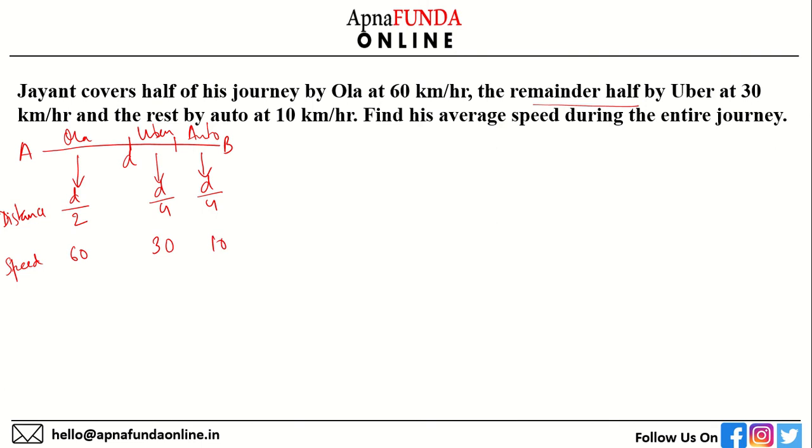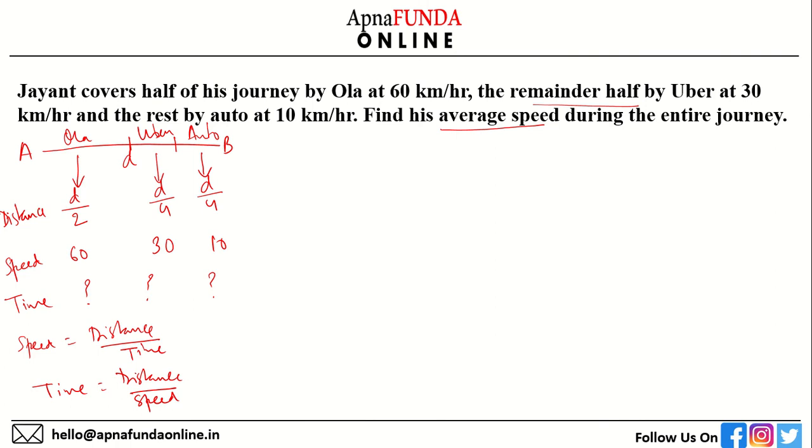Now, to find the average speed, it is very important that we know the time. But currently, we don't know that. So, we know that speed equals distance by time. So can I say that time equals distance by speed?